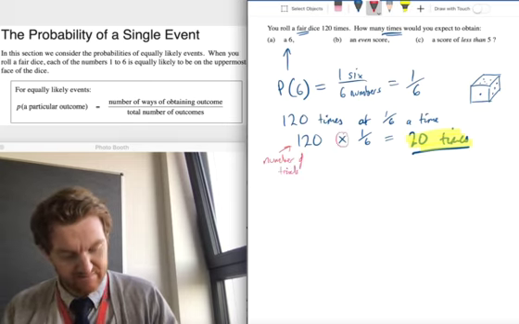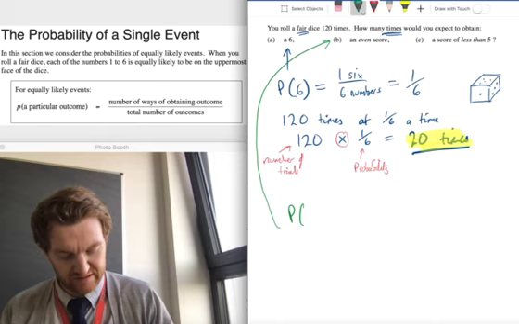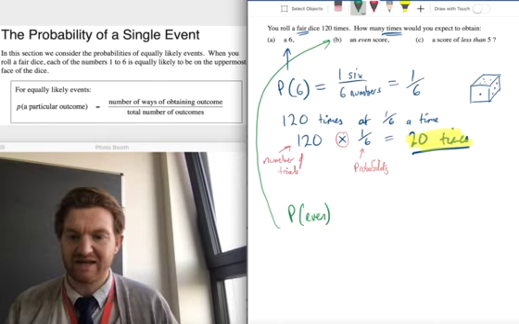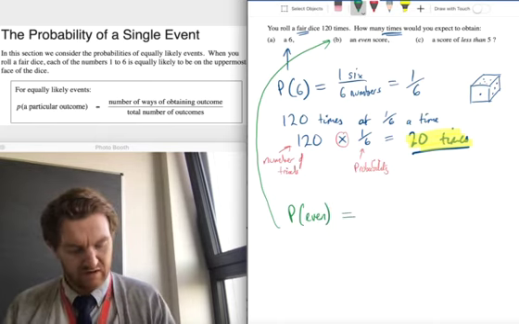So if we apply that to the next question, let's do it in a nice green. It says, how many times would you expect an even score? So first thing we do is say, okay, what's the probability the numbers are going to be even? Well, you know that that's going to be a 2, a 4, and a 6 out of 6 in total.